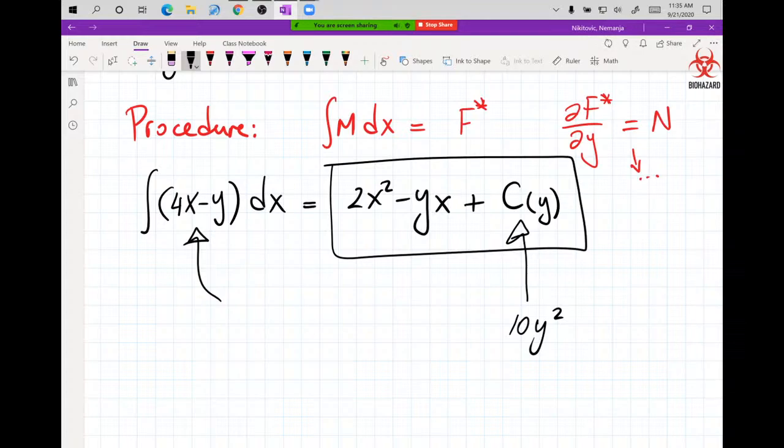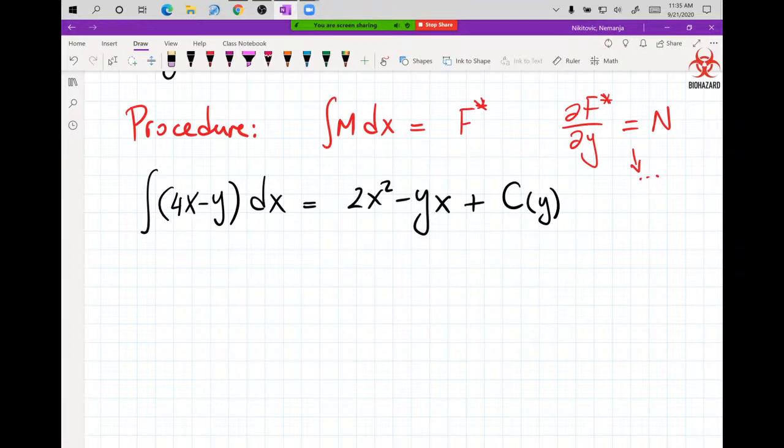So this could be a function of y. We don't have any information about it now. Therefore, I have to put that as some kind of function in respect to y. Now, it could be a number or it could be a function of y. It could be ln y, could be e to the y, could be sine y, could be y cubed, y squared, or could be just 10, right? Could be anything.